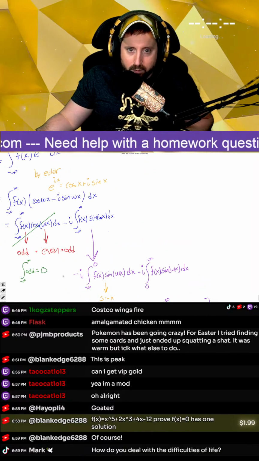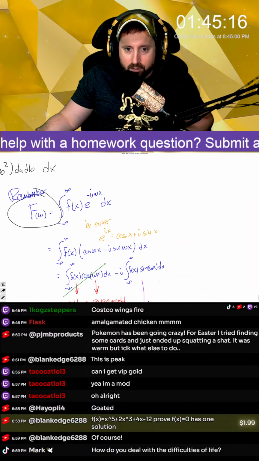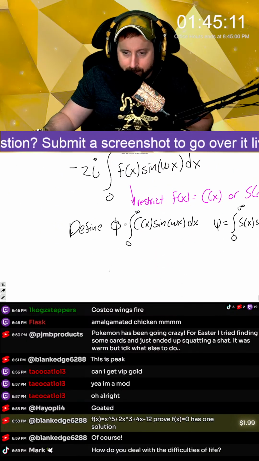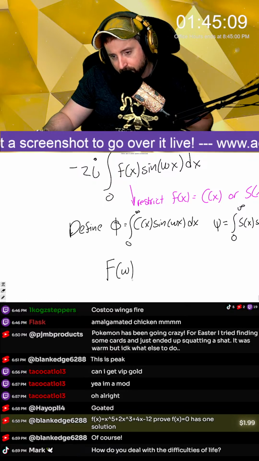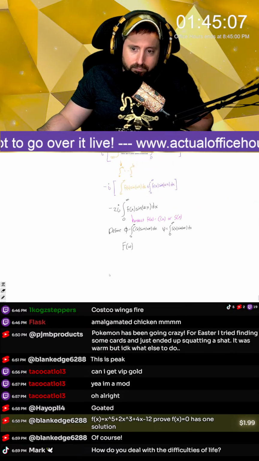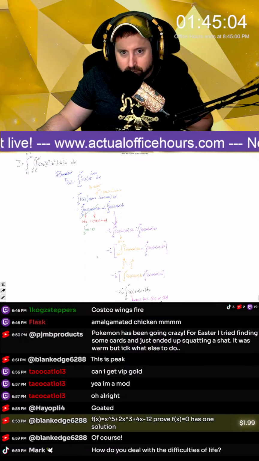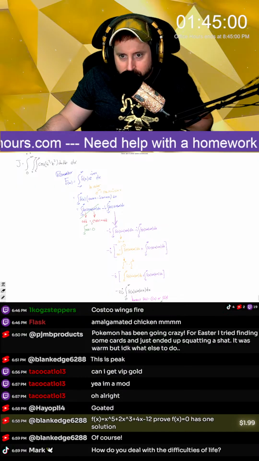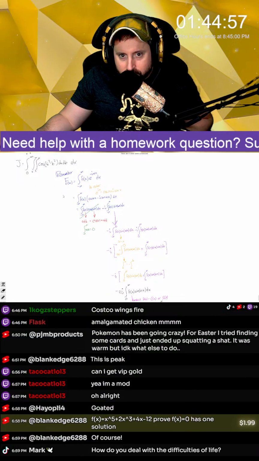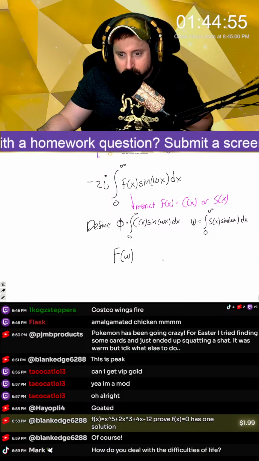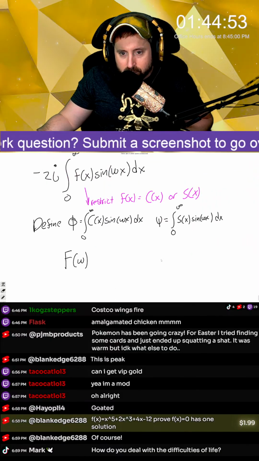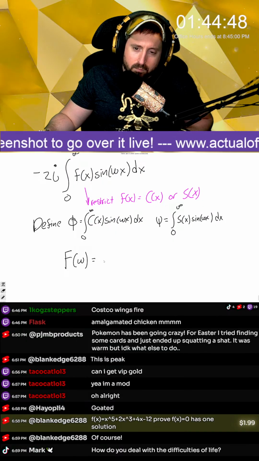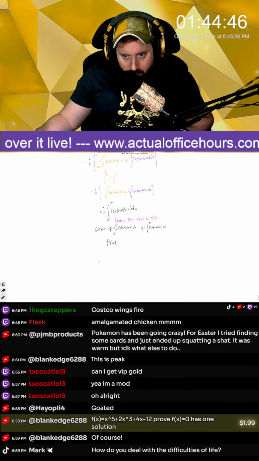The f omega that we had got to, for that whole integral, it's in the form of 0 to infinity, a function of x, and then our sine of x. We can plug our c of x and our s of x into that, which is what we did with our phi and our psi, and then substitute that back into the Fourier transform for each one, respectively.